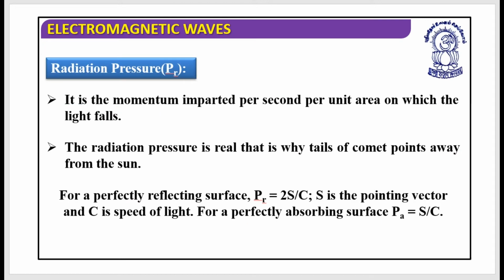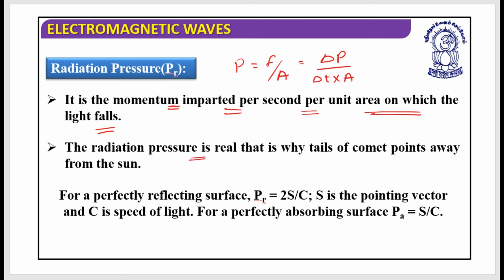Next property is radiation pressure. Pressure is basically force by area, and force is delta P by delta T. So radiation pressure is the momentum imparted per second per unit area on which the light falls.